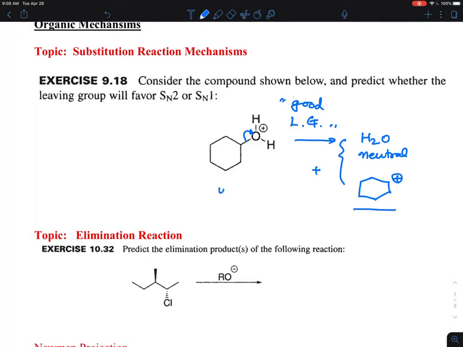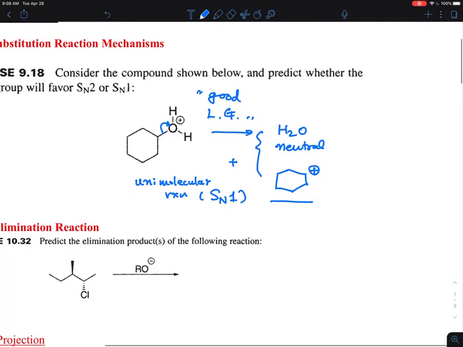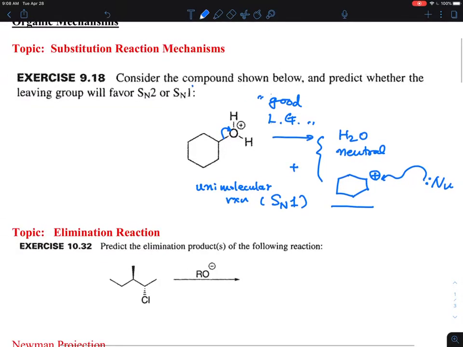This is a unimolecular reaction that generates a carbocation. Later, because it's an SN1 reaction, the second step is the nucleophile going and making a bond with the carbocation. So the answer is SN1.